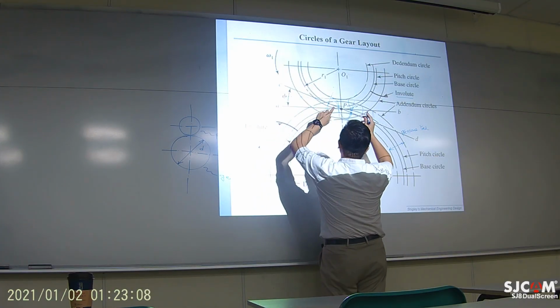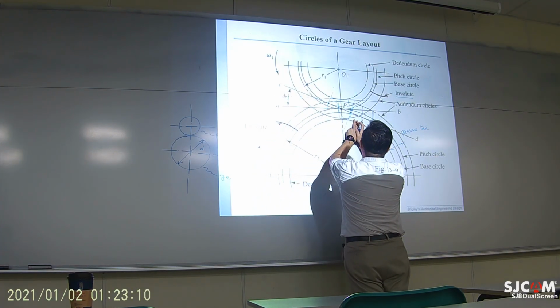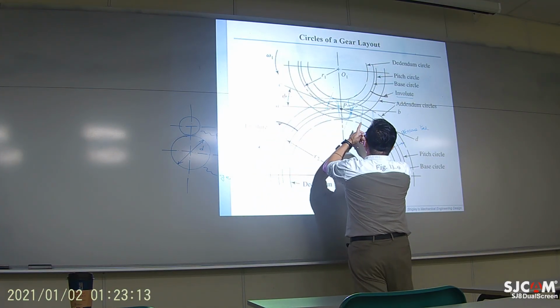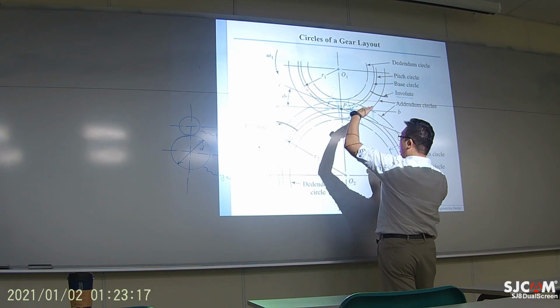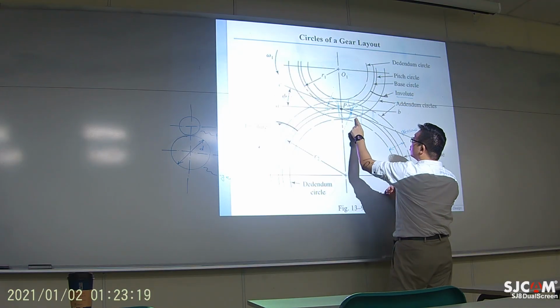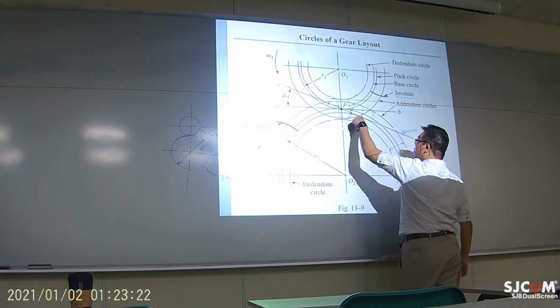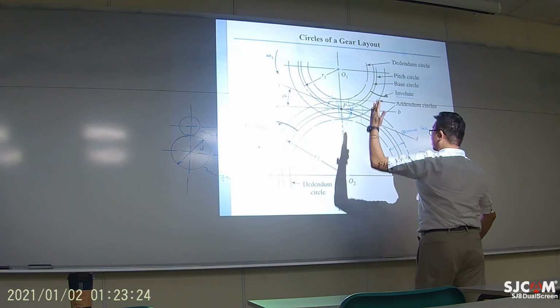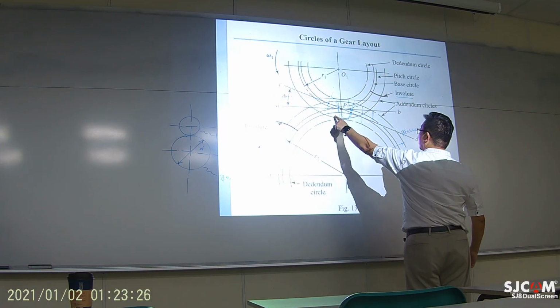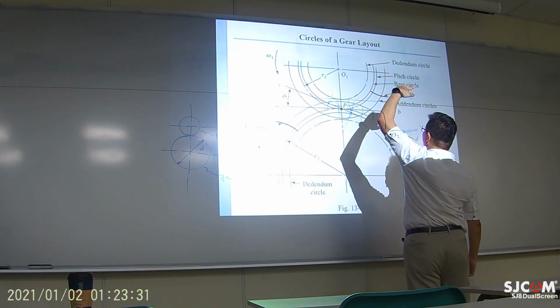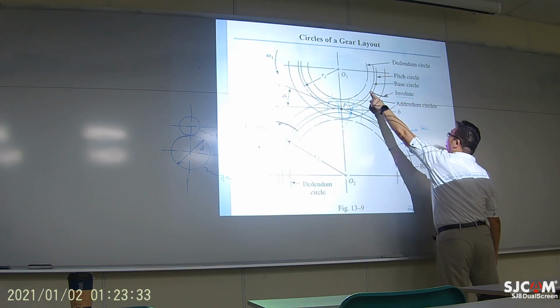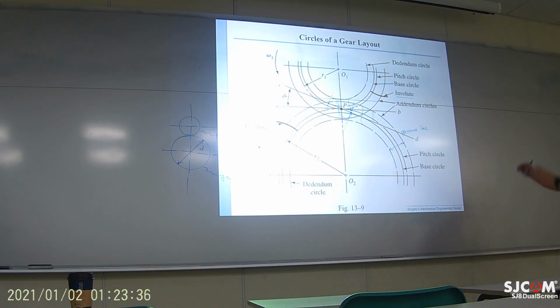However, if you stand on the tooth, this involute line actually changes its angle, right? If you are standing on top of this tooth, the involute line is somewhere on the side. But if you stand here, the involute line is like rolling up. So the involute curve defines the shape of the gear tooth.